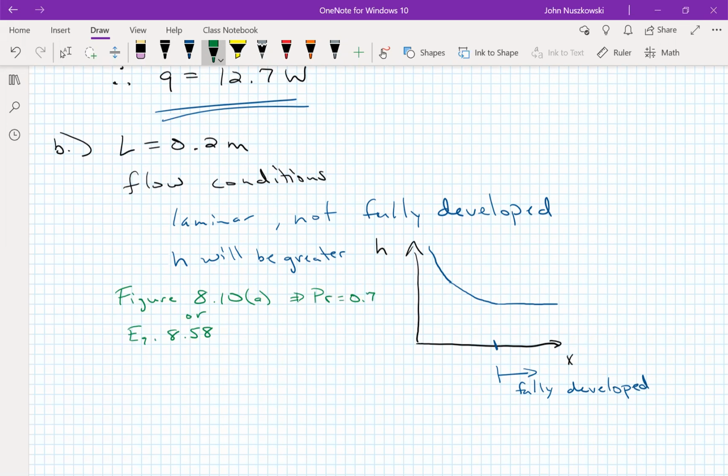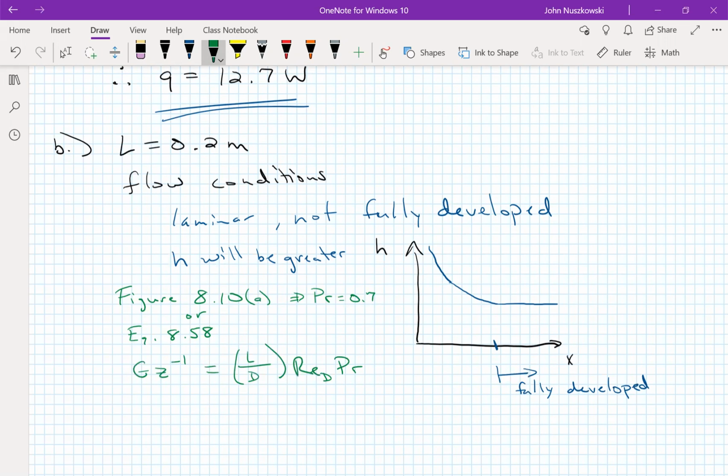We would just need to get this Graetz number. That's used in the figure and in the equation. And that just looks like Graetz number to the -1, in this case, we're looking at the whole length, L over D, Reynolds number, Prandtl number.